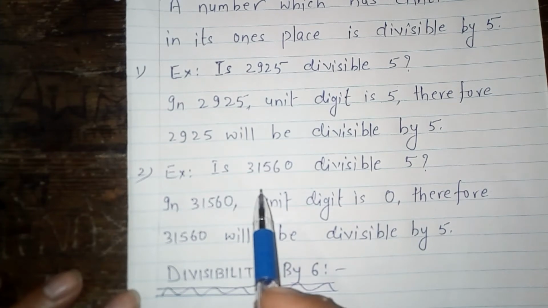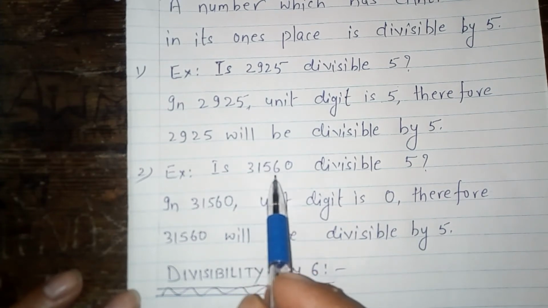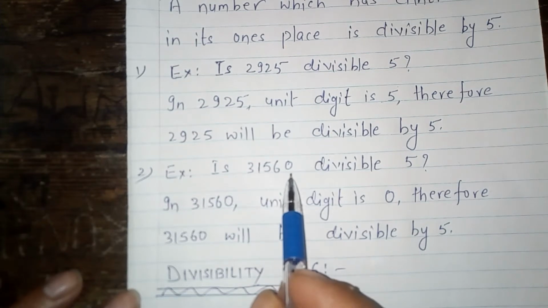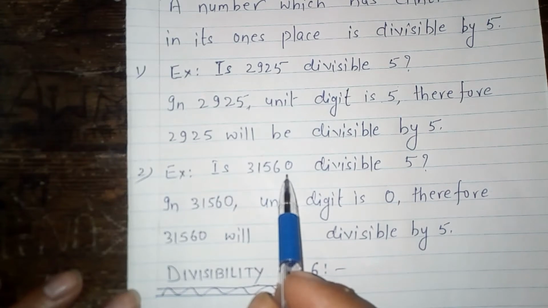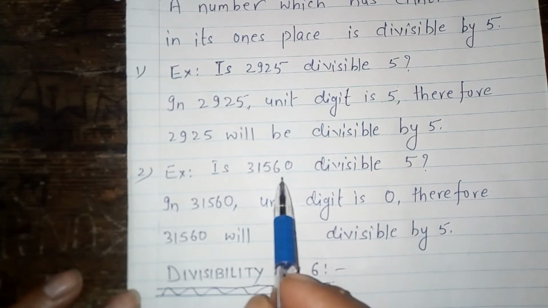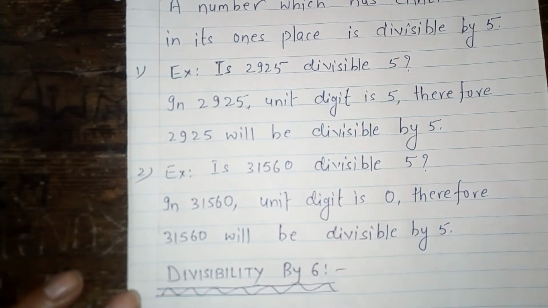As you are looking at 31560, the unit digit is 0. Therefore 31560 will be divisible by 5. The meaning is if the unit digit of any number is 5 or 0, then that number will be divisible by 5.